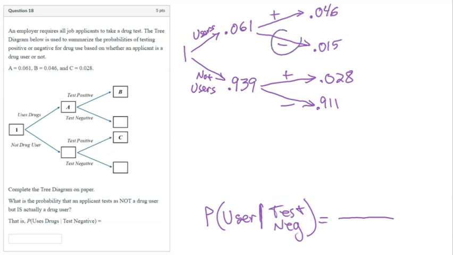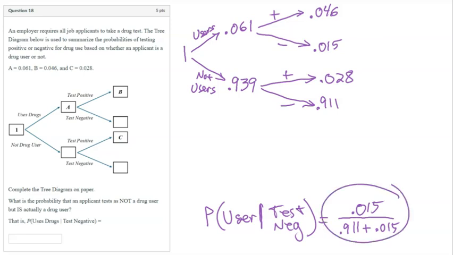Here's negative and here's negative, so 0.911 plus 0.015. And in the numerator, we're going to put the people that are drug users and test negative, and that's 0.015.